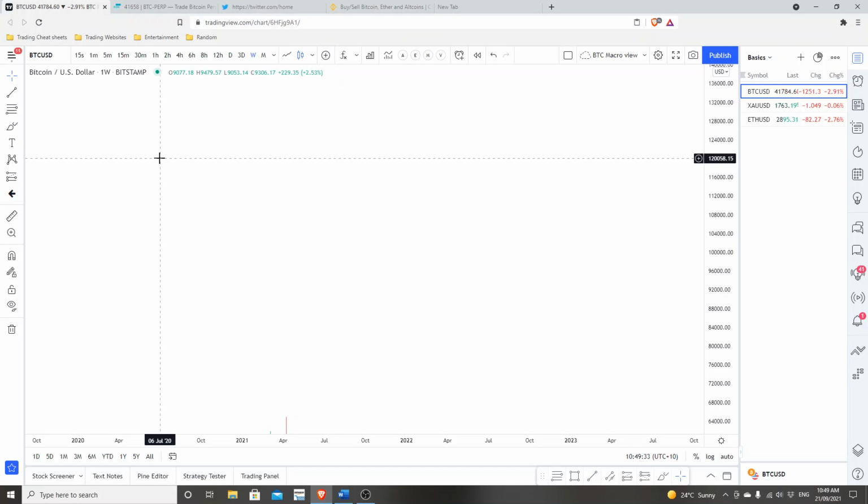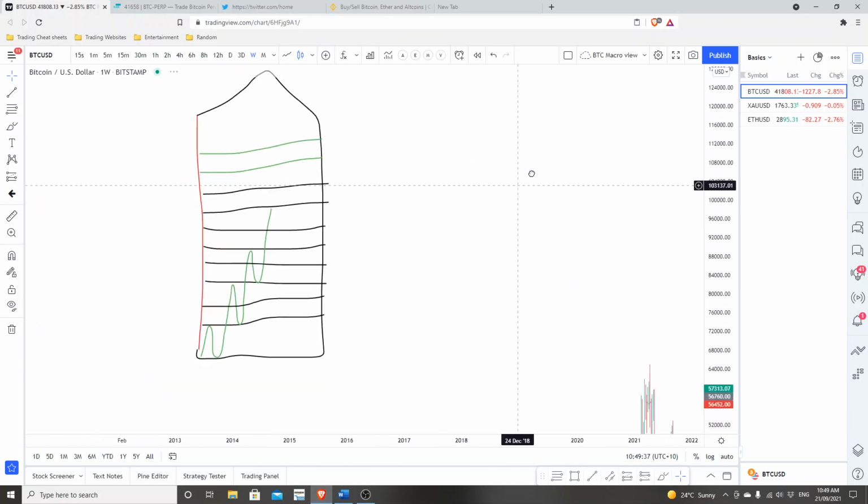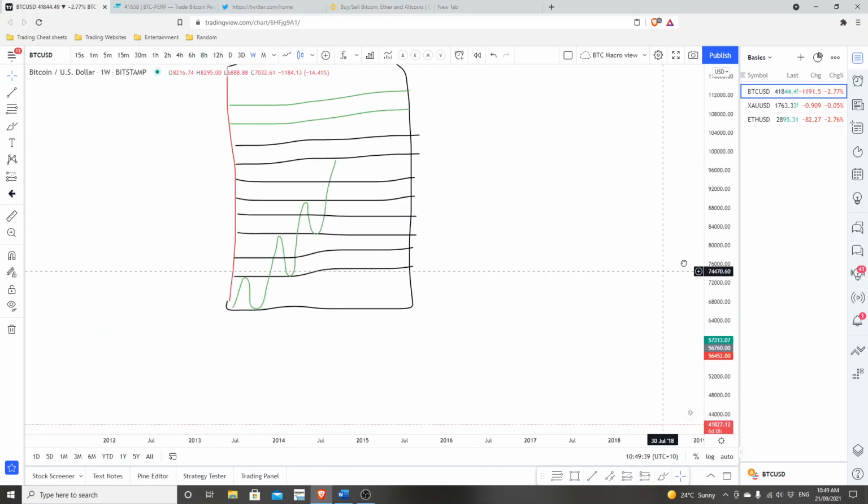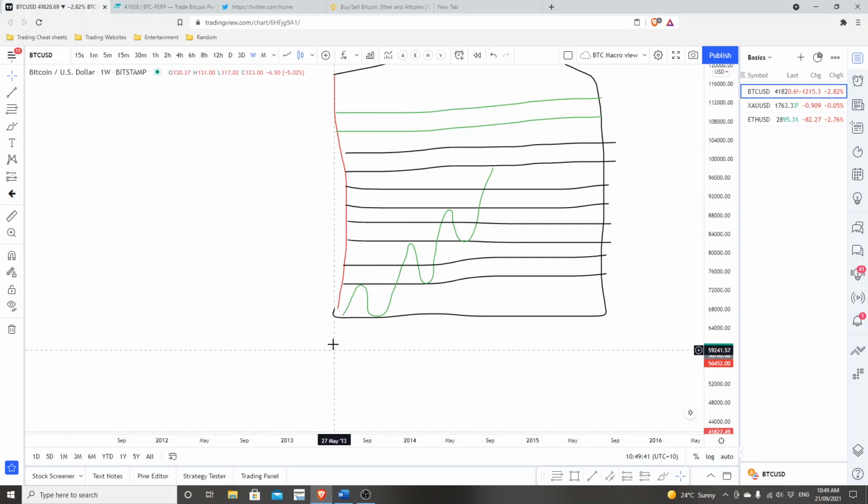I like to think of it as an apartment building. Let's see if I can find my shit drawing. Here it is. Right. What was once a roof in an apartment building, when you go up the next floor, turns into a floor, doesn't it? So price has gone up, hit the roof, rejected, bounced off the floor, gone up into the next floor, hit the roof, rejected, come back to the floor.